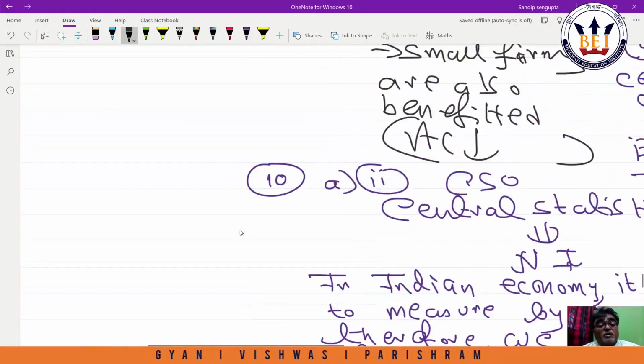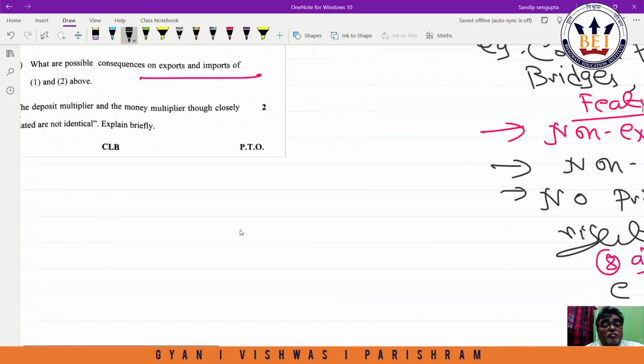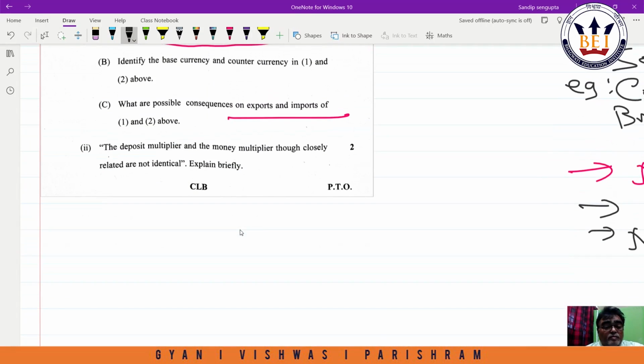Then the last question: the deposit multiplier and money multiplier, though closely related, are not identical. So what is deposit multiplier or credit multiplier?